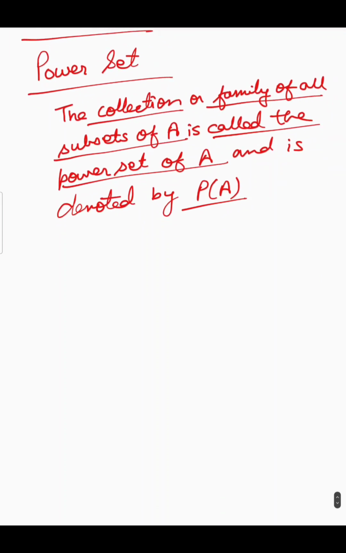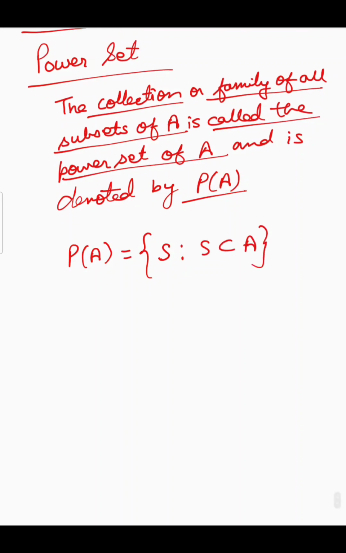So it is denoted in this way: P of A is equal to the set of all S, such that S is a subset of A. So this is the thing.